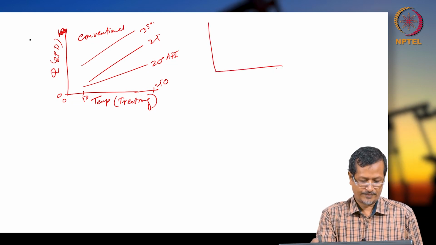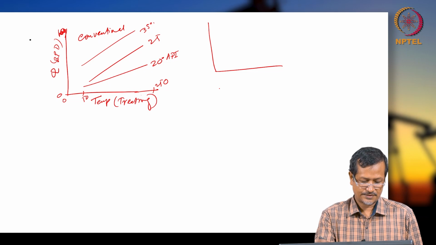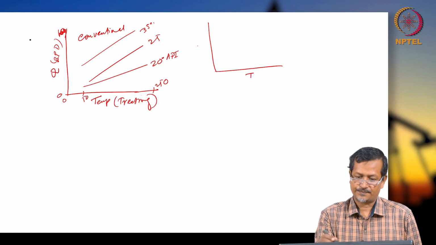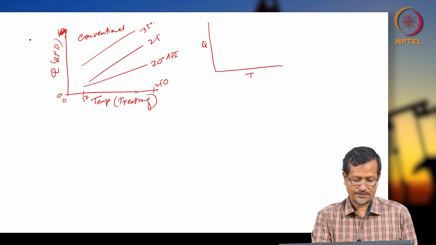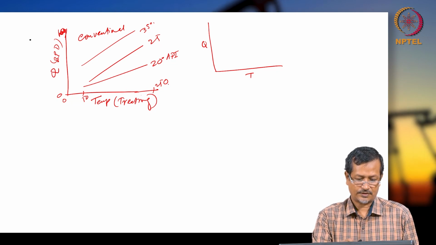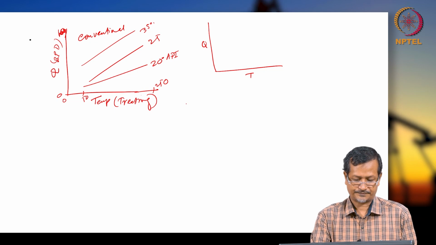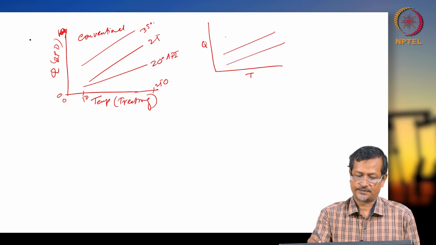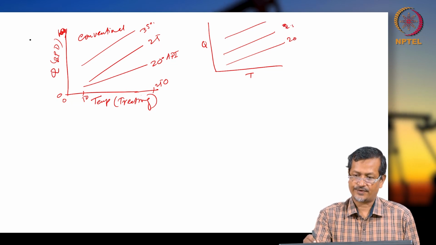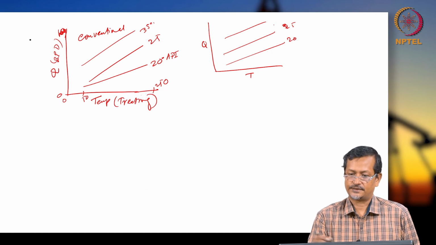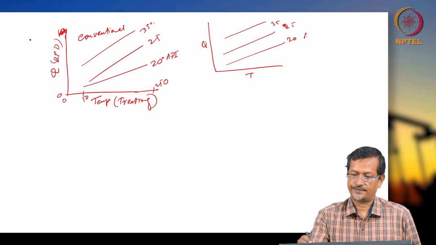Another chart they have given is for the electrostatic treater, with the same temperature and flow rate axes. The temperature range is becoming lower, for 20, 25, and 35 API.